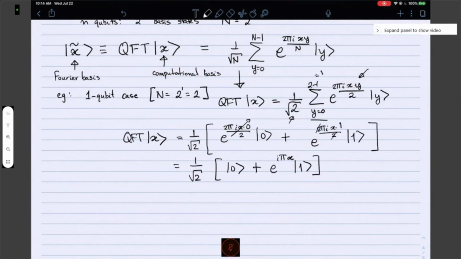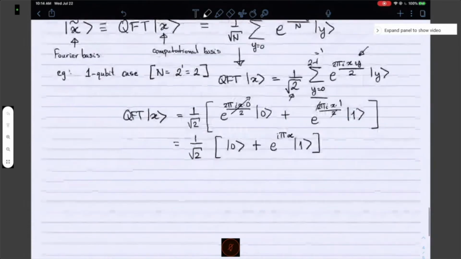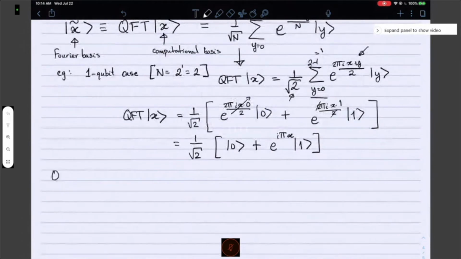Okay, let's see why this works. You already know the answer from what we discussed earlier, but we said QFT of 0 is plus, right? But can we prove that? So let's do the case for QFT of 0.